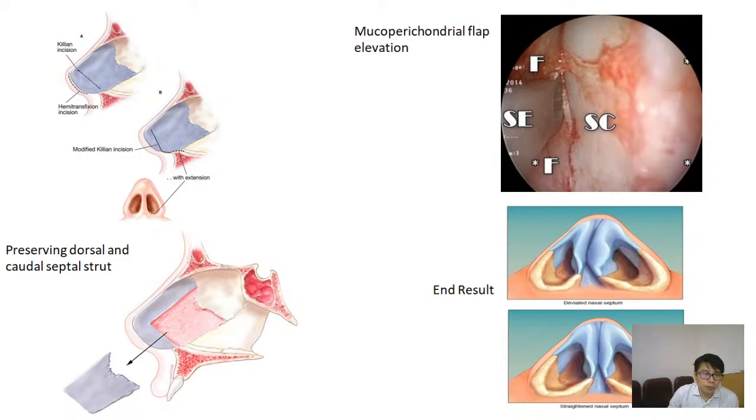If we remove more than this, then it can end up in depression of the nasal tip or saddle nose deformity. So this much removal of cartilage is done in SMR. SMR means it's a more aggressive surgery, removing this much of the septal cartilage. So if there is a deviated nasal septum, after correction the septum comes into the midline.